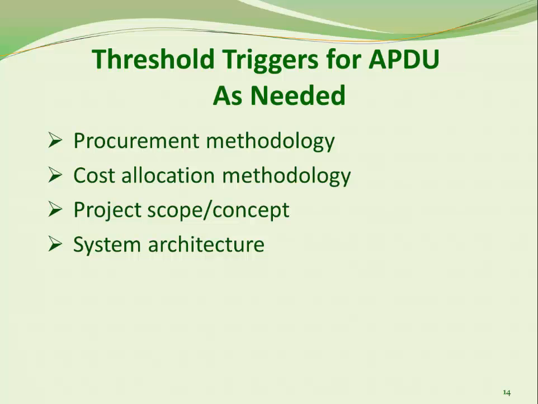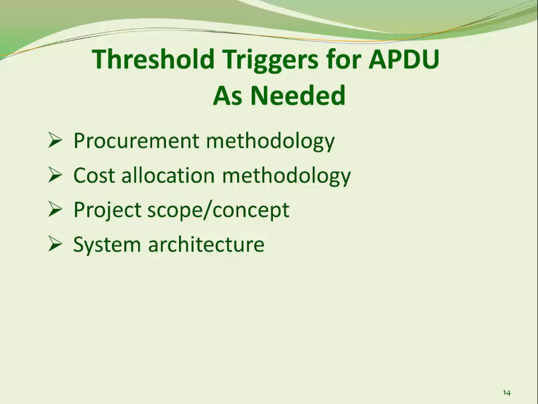The APDU as needed also identifies key factors that are changing the course of a project. These include not only the nature of the proposed change, but also the effect that the change will have on those portions of the project in which FNS and the state have already invested.